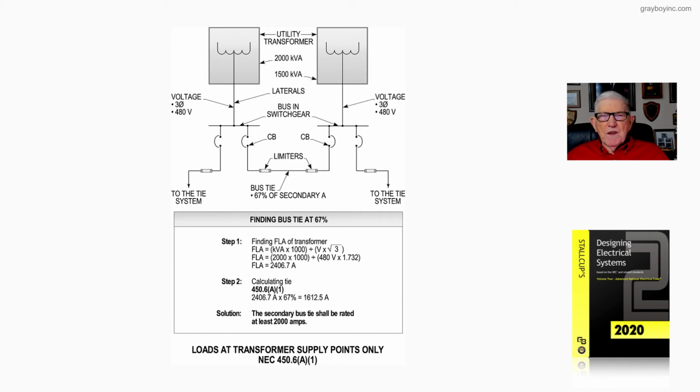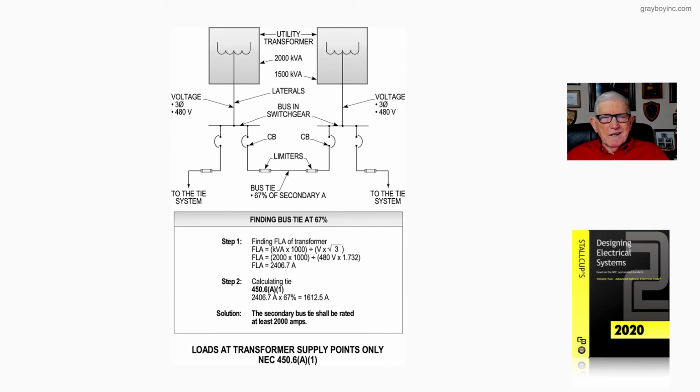So we'll have 2,000 times 1,000 divided by 480 volts times the square root of 3, 1.732. And when we perform the math, we come up with 2,406.7 amps, and that could be rounded up to 2,407 if you wanted to.